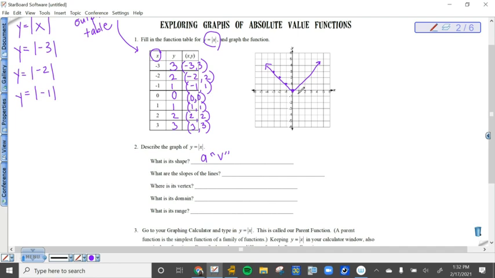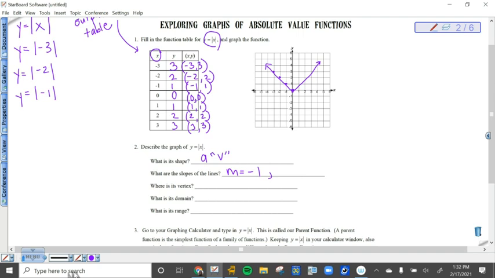So for the left side, over here, what's going to be my slope? Except it's going to be down 1 over 1. Down 1 over 1. So our slope on that side is going to be -1.